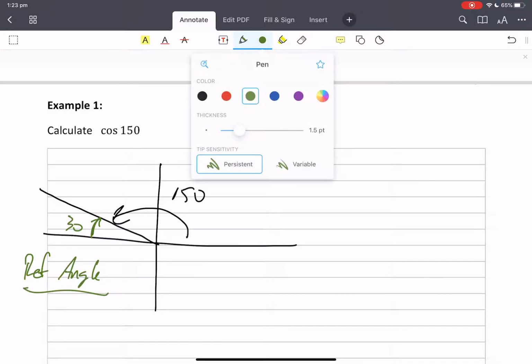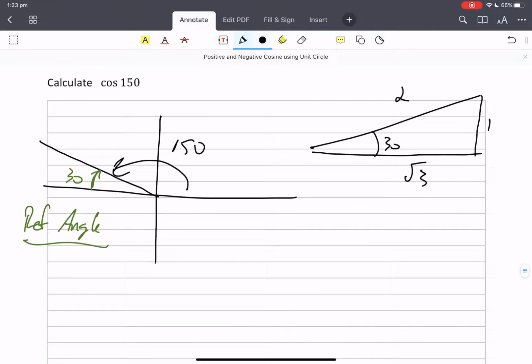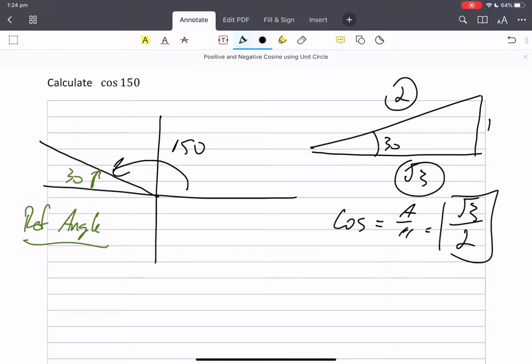My reference angle tells me what sort of triangle to draw. I need to draw a triangle with a 30 in it. 30. So that's 2, 1, root 3. And we know that cos is A on H, which is root 3 on 2. So there's our value.